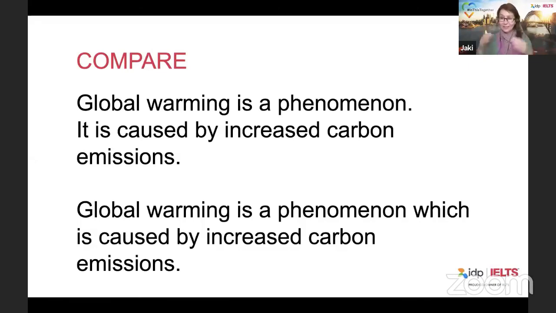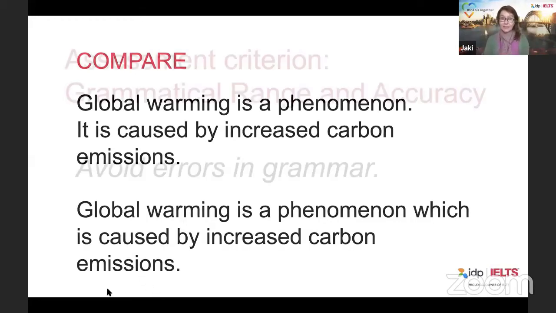There's no spell check. But Grammarly to check your essay, yeah, that would be good. Okay, so now if we combine it, global warming is a phenomenon which is caused by increased carbon emissions. Can you see it's 1 sentence? Then it's a more complex sentence with 2 parts. This is better for your IELTS grammar.